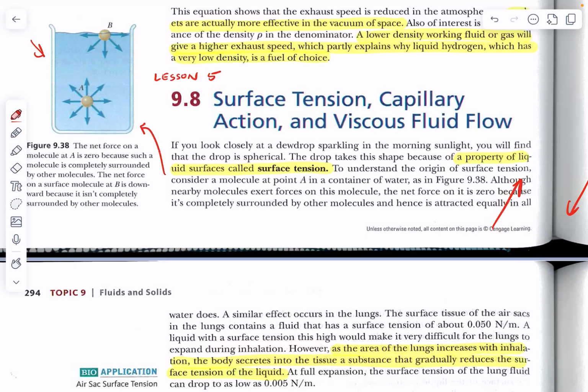Now imagine over here on the left, we have two water molecules. Water molecule B is at the surface, water molecule A is somewhere underneath the surface. Imagine this water molecule is interacting with all the other water molecules around it in all three dimensions, not just the two that you see in the picture.